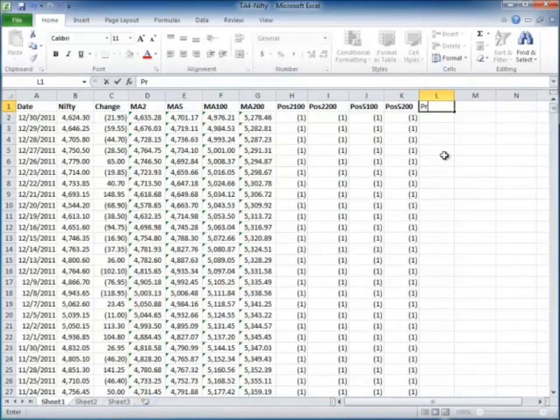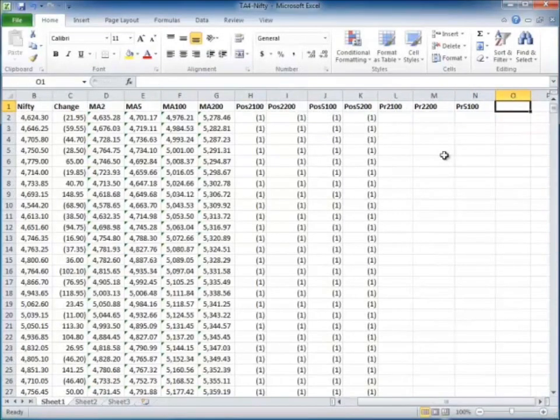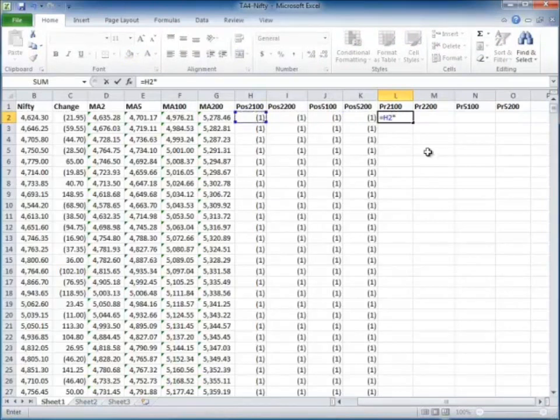So that's going to be the profit. Okay, so again the profit will simply be equal to the position times the change.